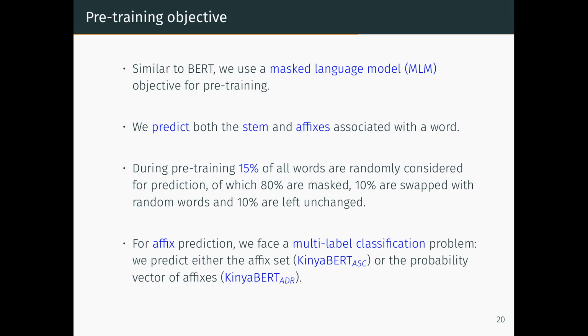For affix prediction, we face a multi-label classification problem. For this, we either group together affixes into a fixed number of sets and predict the set as a class label. The other option is to predict the affix probability vector. We evaluate both of these approaches in our experiments.